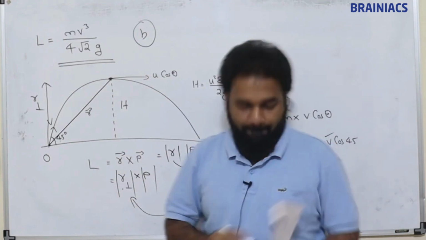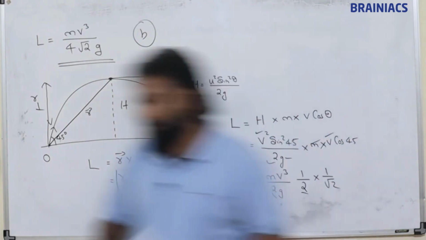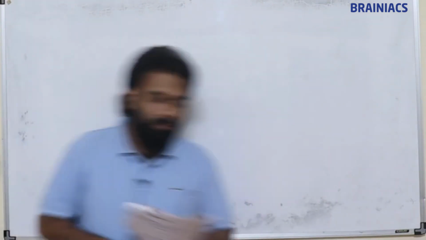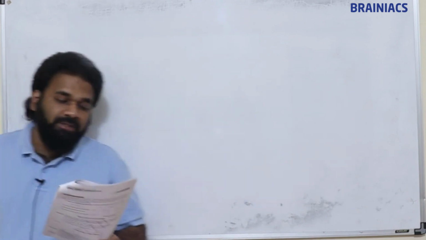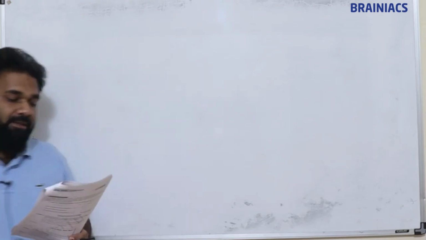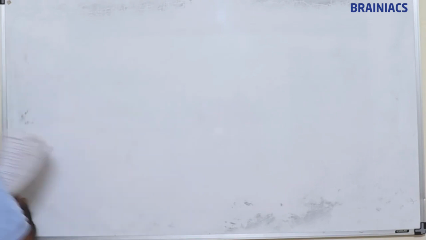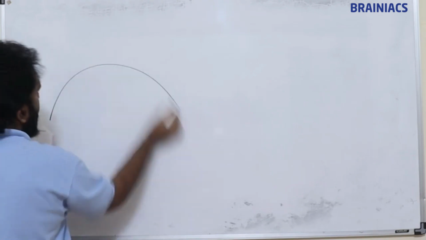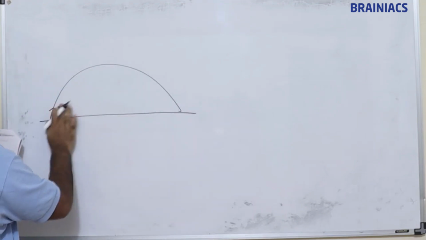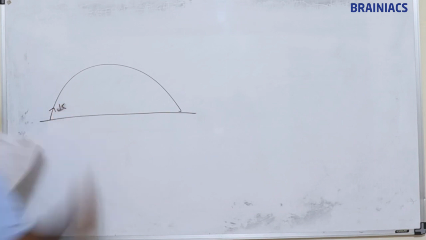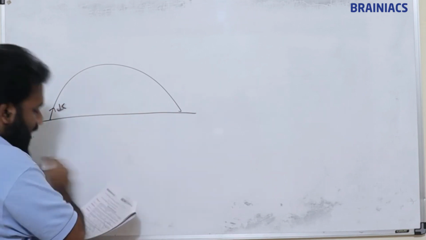Okay, clear? Fine. Now you read this question. Fifth question. A projectile is projected with the kinetic energy k, its range is r.